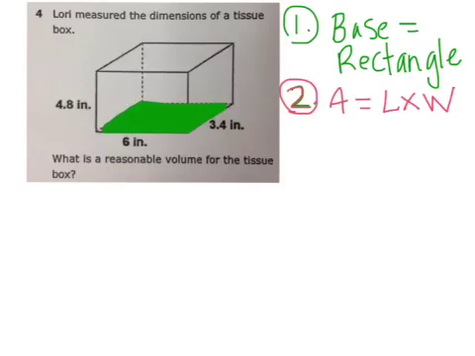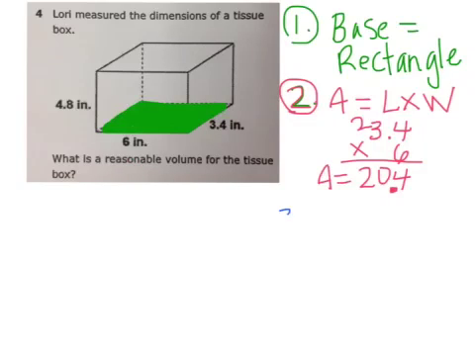So I'm going to multiply 6 times 3.4. When you multiply this out, you get 204. And then if you look back in your question, there's only one digit behind the decimal. So in my answer, I also only want one digit behind the decimal. So the area of the base is 20.4.